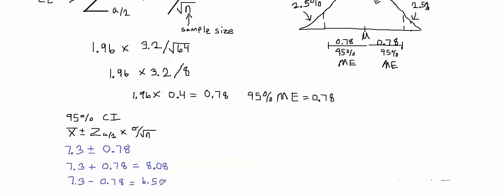So it looks like our 95% confidence interval goes from 6.52 up to 8.08. By adding and subtracting, we just found the lower end and the upper end of our confidence interval.